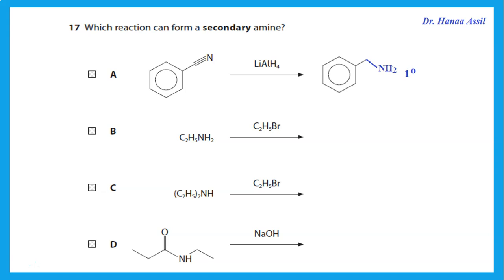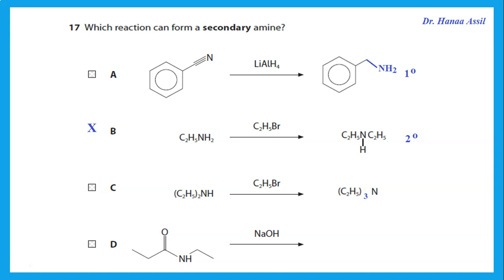Now in B, we have this ethyl amine reacting with ethyl bromide. That means one of the hydrogens on the amine group will be replaced by an ethyl group. That means the amine now that we have is a secondary. So this is the one that is secondary. The choice in C already has two alkyl groups.